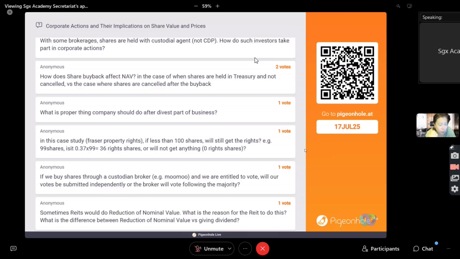Then nothing has changed, and all they did was just increase the number of shares. That's all. Nothing has happened. It's just the number of shares that's changed. If you could cite me the example, this person who's asking about nominal value, then I can answer you, because I don't really know what that means.